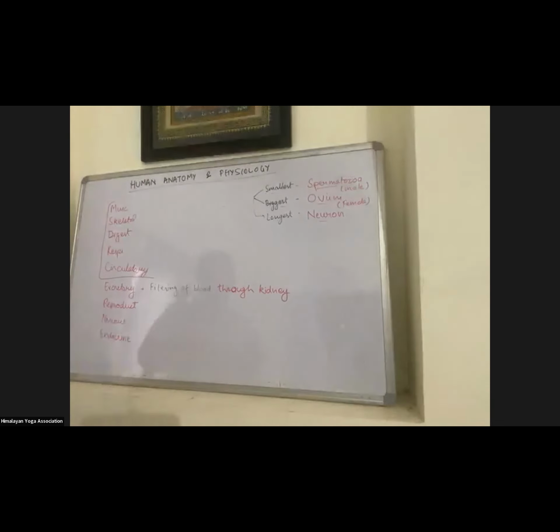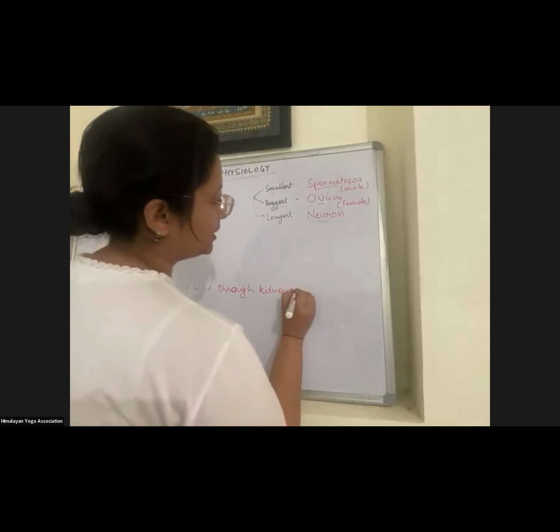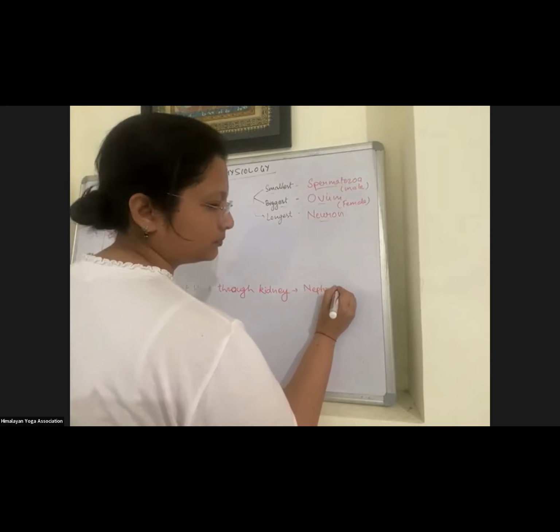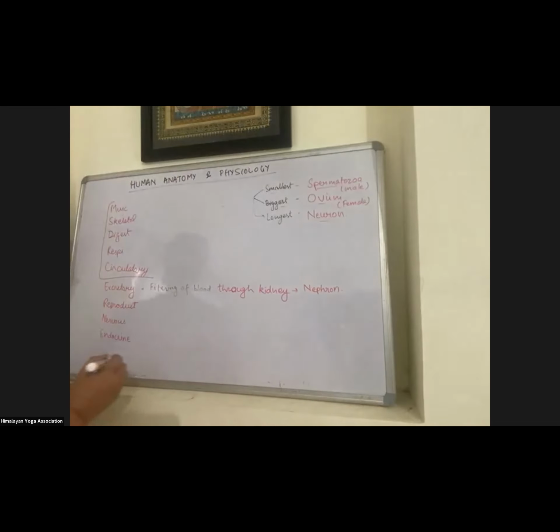Okay, the smallest cell of the kidney is called the nephron.